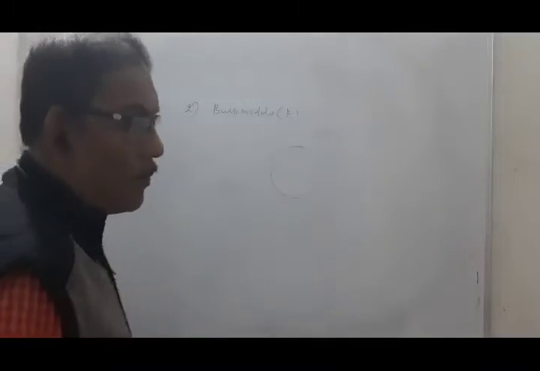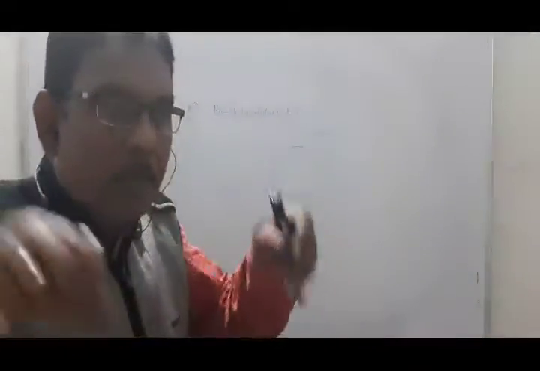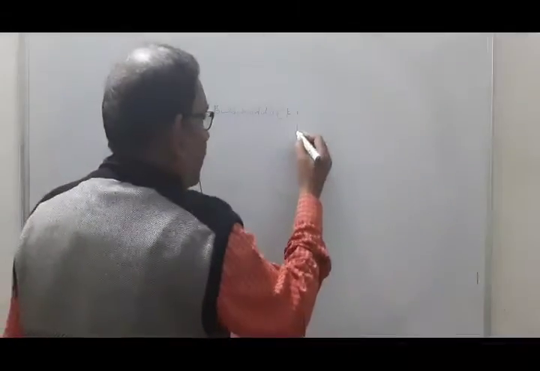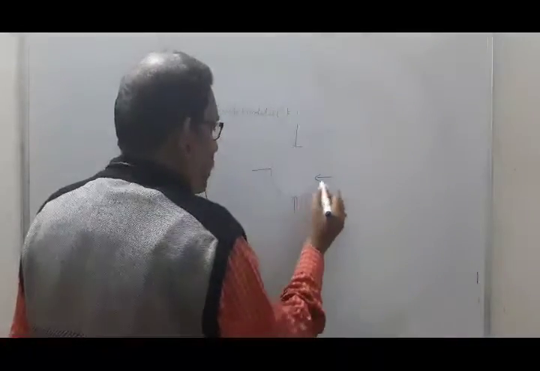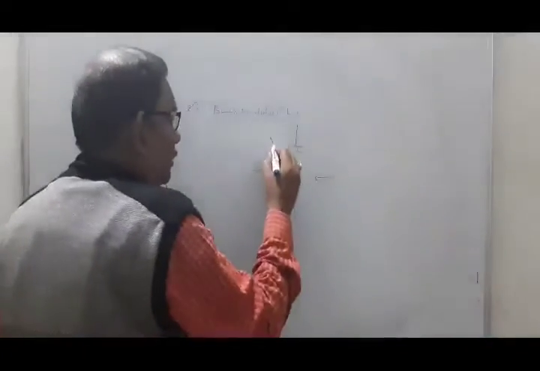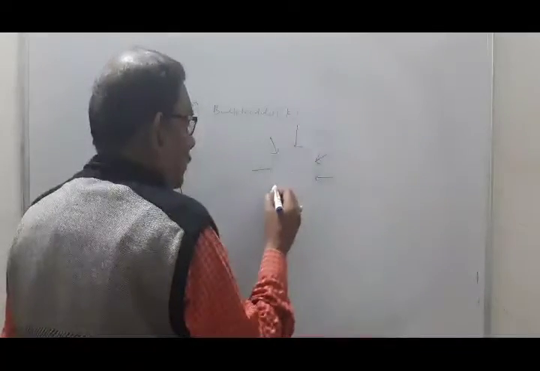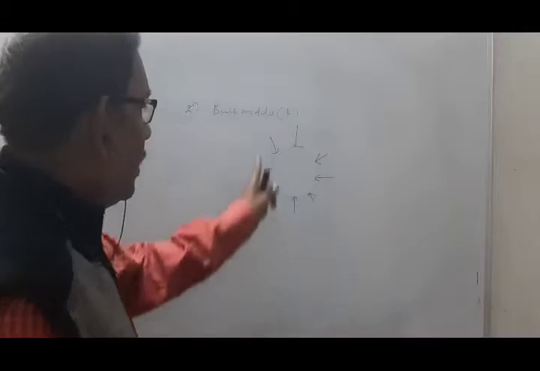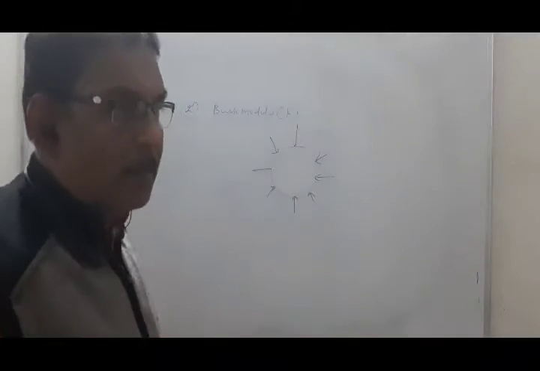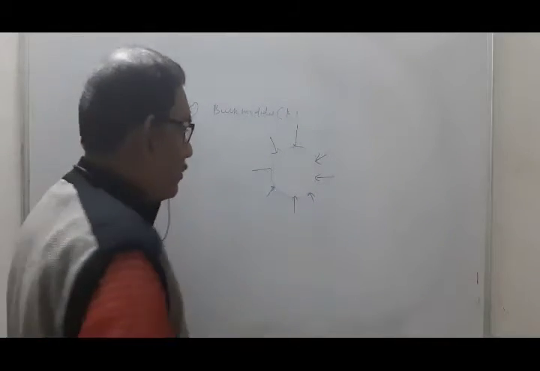A ball is placed inside a liquid. So what happens? It experiences force on all sides. As a result, hydraulic stress is developed here. This stress is also called pressure.